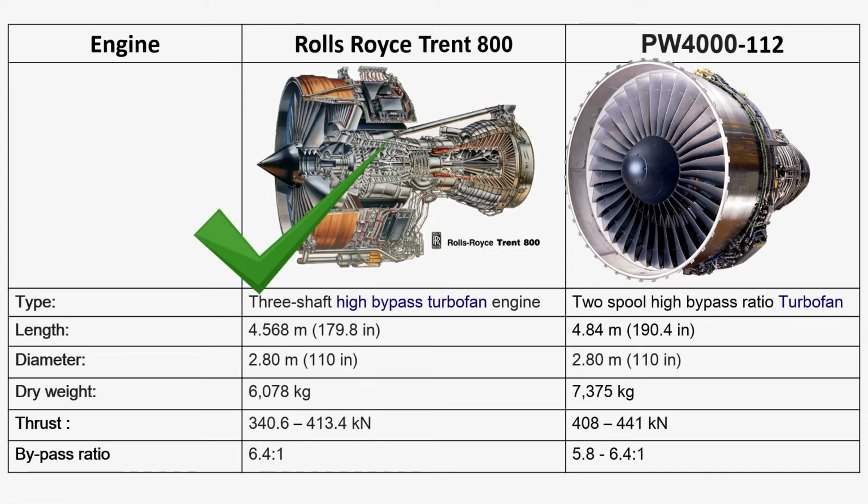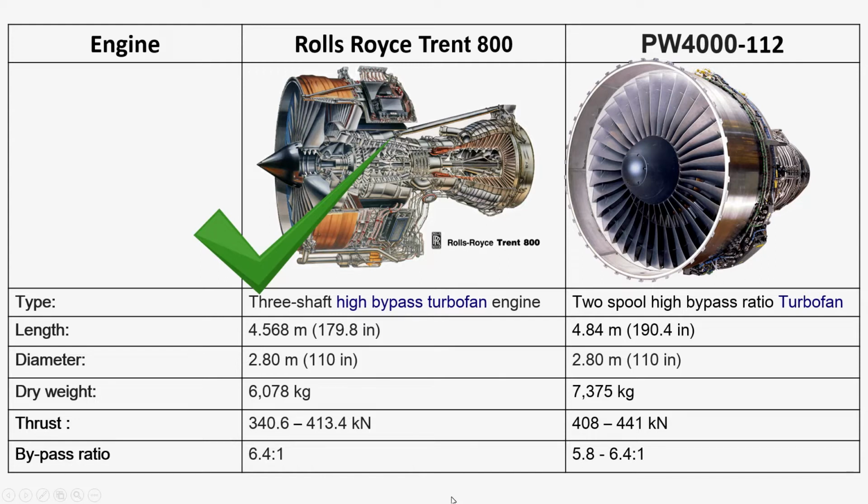The prime reason is that its dry weight is less compared with the Pratt & Whitney. So while you are designing an aircraft, it is not necessary to design the complete engine and its components. You can select the best one from the existing engines for your aircraft.